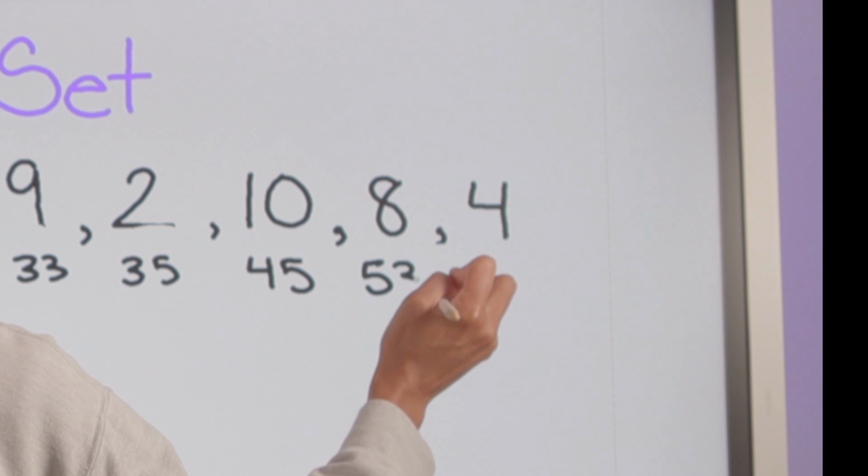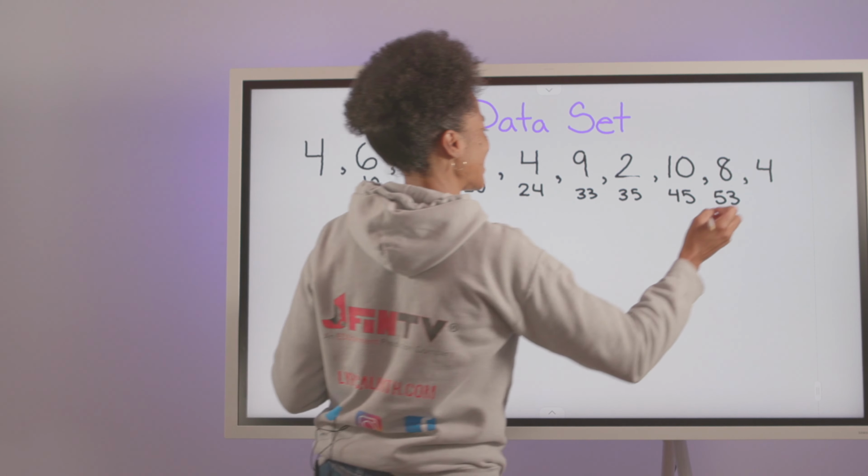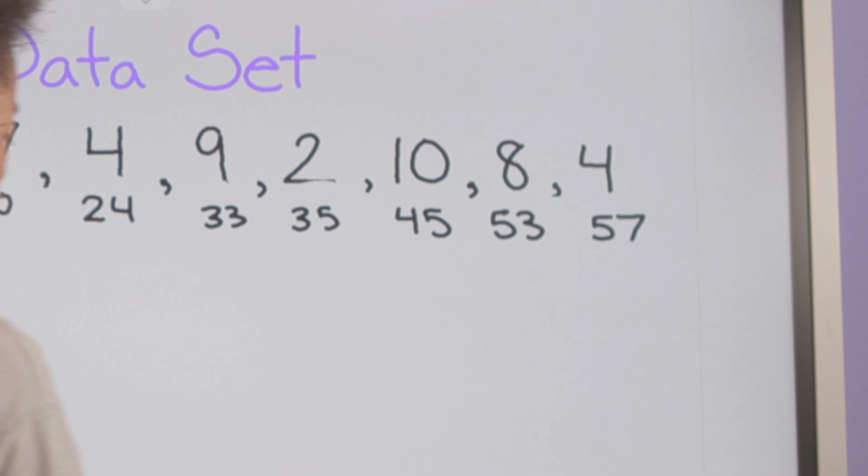And 53 plus 4, did you say 57? Outstanding. So our sum is 57.